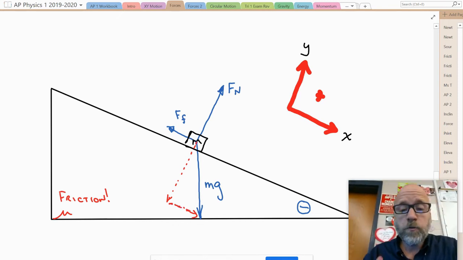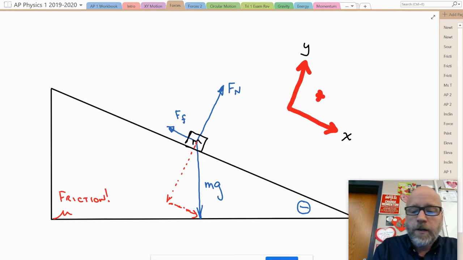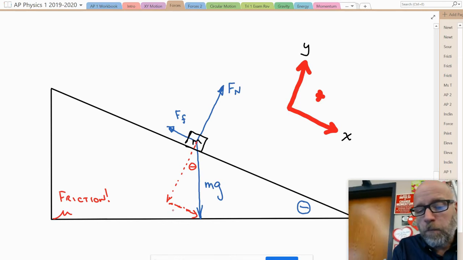Okay? Those two components together are equal to mg. Now, if the angle of the incline with the horizontal is theta, then this angle up here is going to be theta, which makes the component opposite the angle going to be mg sine of theta.